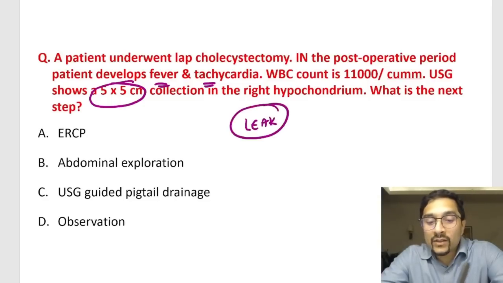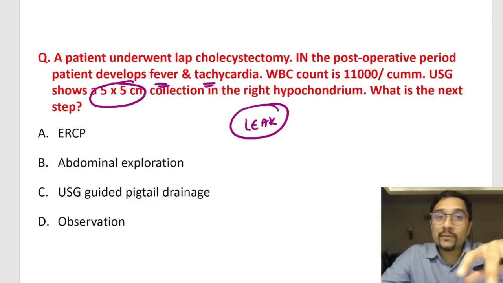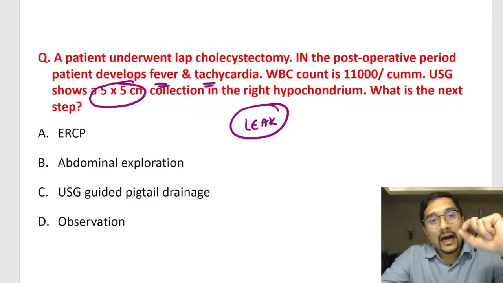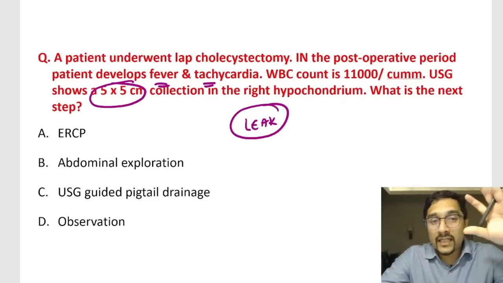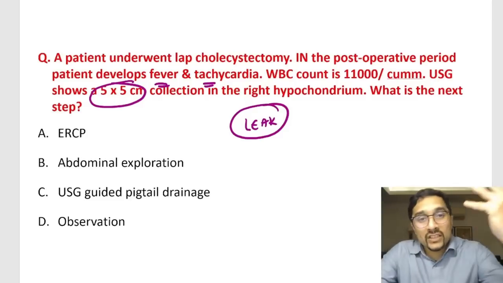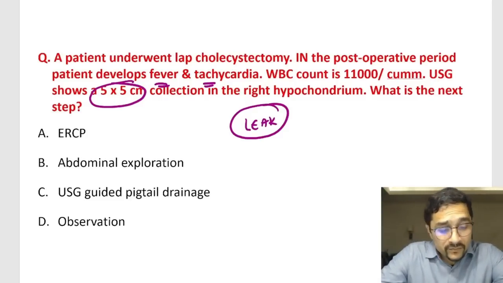An injury to the bile duct, and there is a leak, and that is confirmed on an ultrasound that there is a collection there. Now, I want to see what is the nature of the leak, where is it leaking from, right? Which vessel or which duct has been injured, and then I have to take action, right?